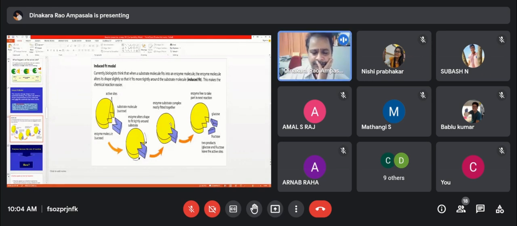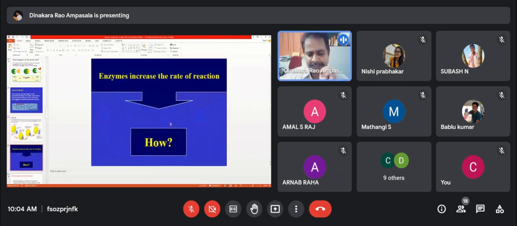So now this model is accepted by all enzymologists, and they use this model to explain how enzymes interact with the substrate. As we know, these enzyme molecules act as biocatalysts, and they are not consumed in the enzymatic activity.